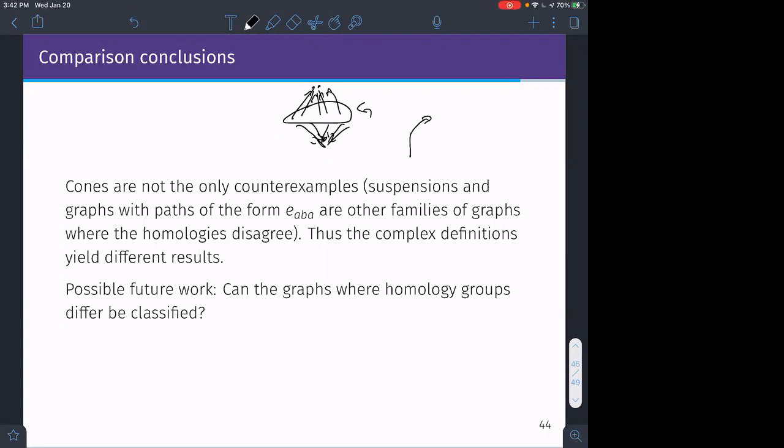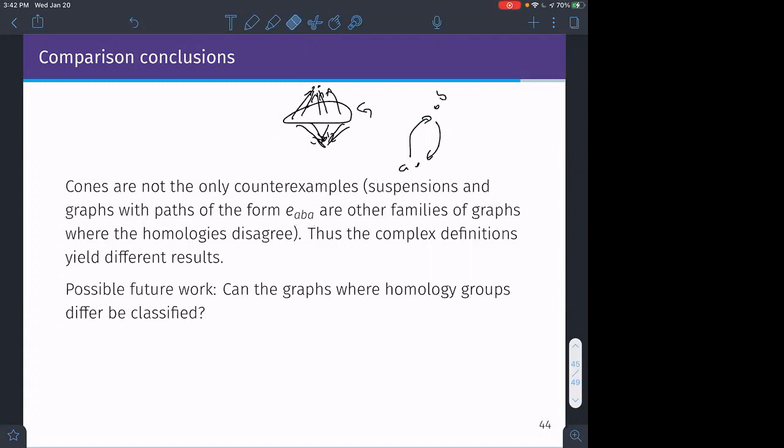The path that does this, so if I had A, B, so this kind of path, for them it's allowed. In my case, this would be considered a cycle or a hole. So in their case, these are filled in, whereas in my case, in the Prodsimplicial case, these are left empty.